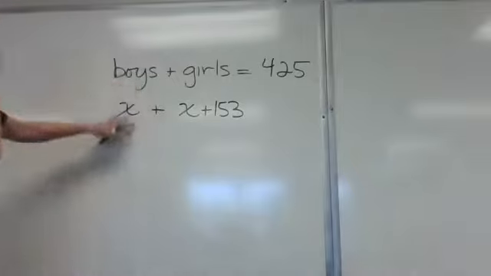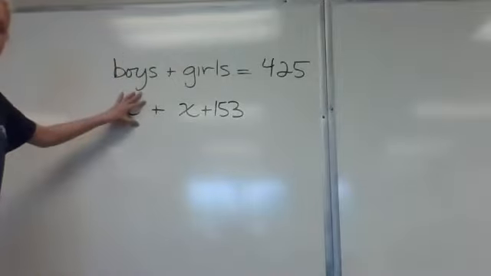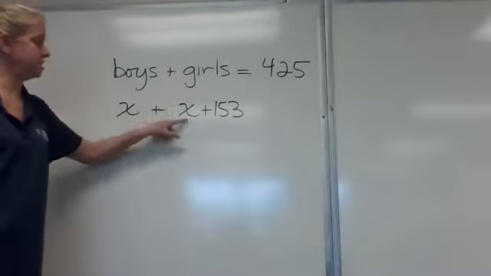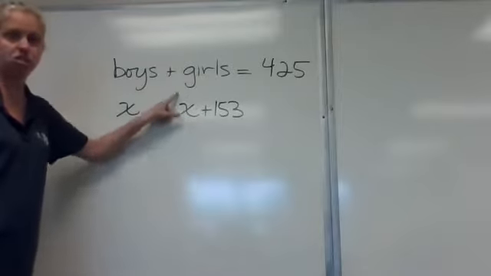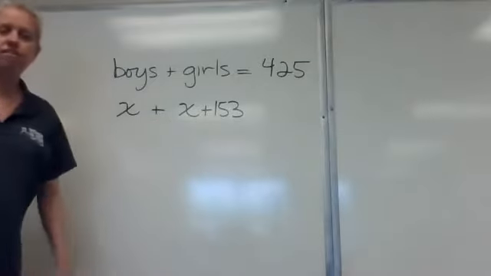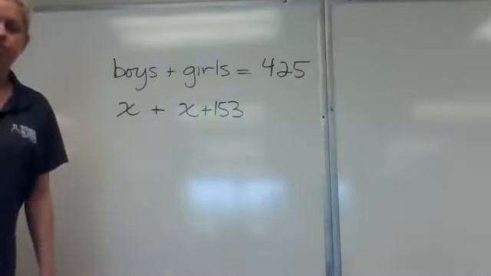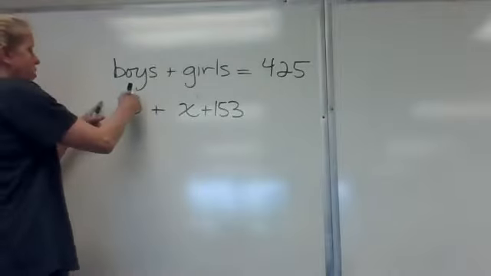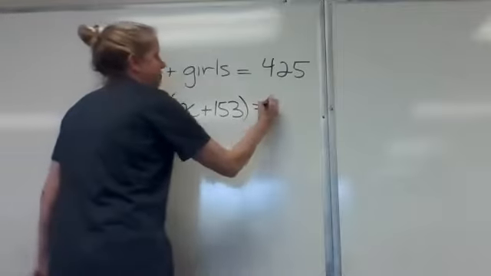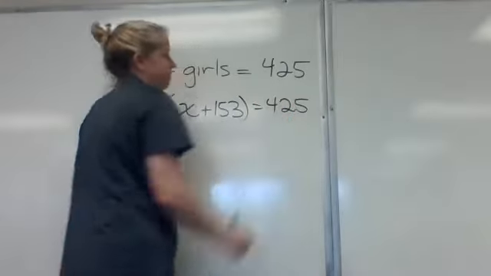Again, I have no idea how many boys there are, but I do know that the girls have the same amount as the boys, so they also have X, but plus 153. So there's my boys. You can kind of even think of it like this. There's my girls. If I add them together, I get 425.